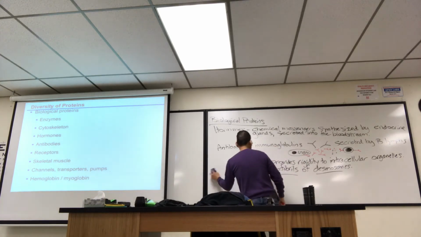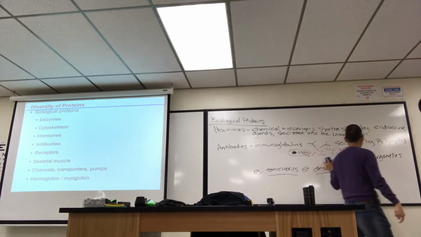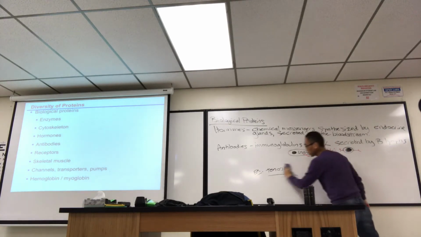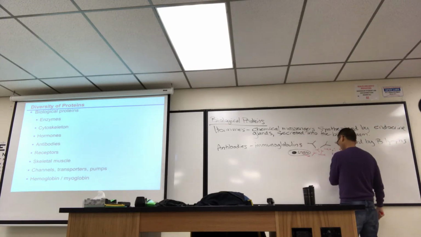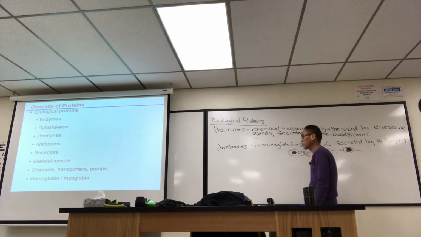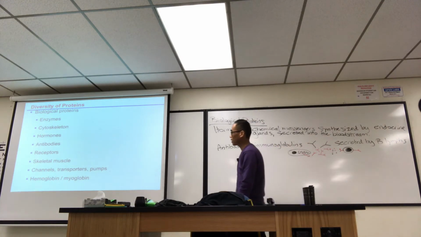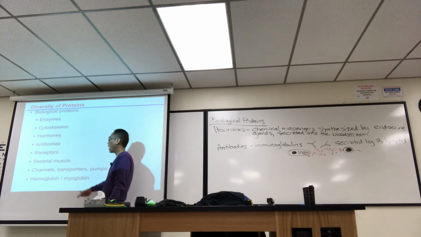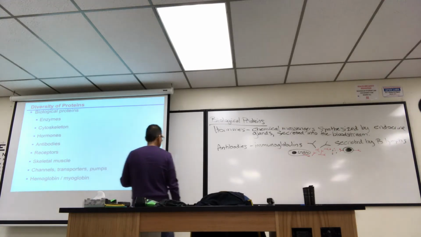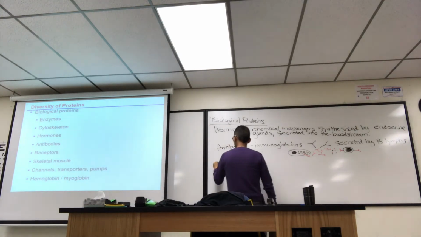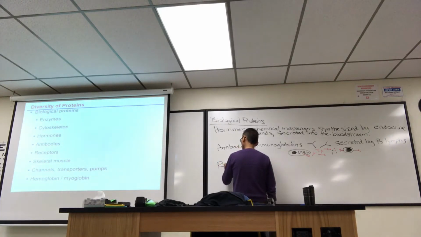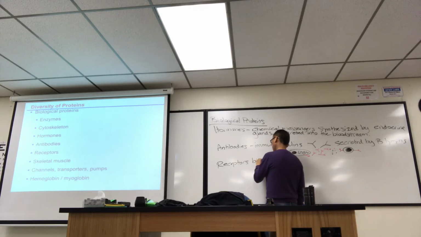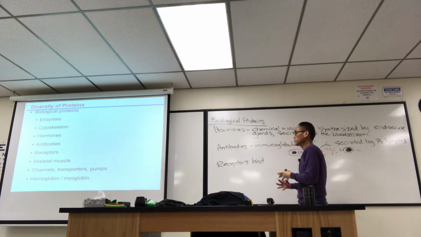But anyways, they're proteins. Receptors are proteins. Super important. It's how cells can respond to things. Cells can't do anything if they don't have a receptor to bind. They have to bind something.